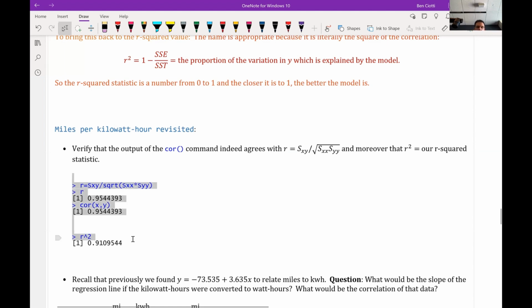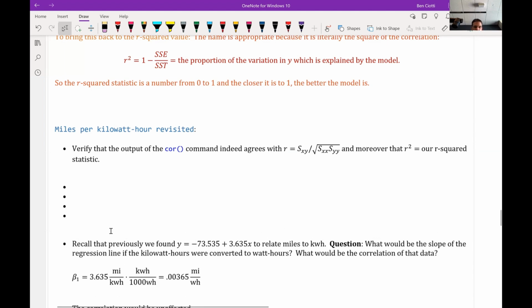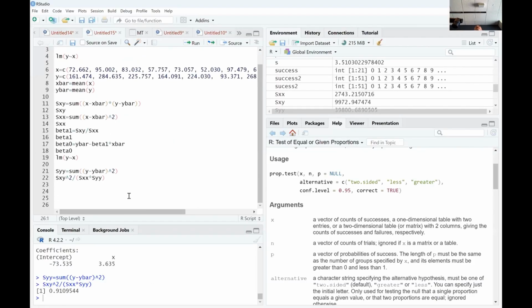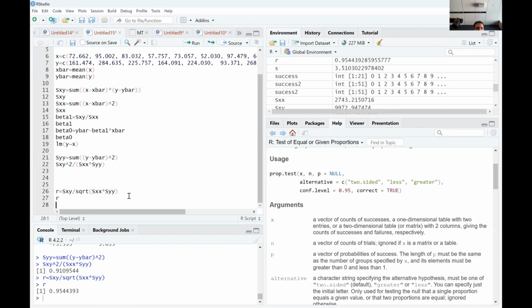So for example, here, let me just verify these equations for the miles per kilowatt hour example. So I said that R was S sub xy over the square root of S sub xx times S sub yy. Which turns out to be 0.954.